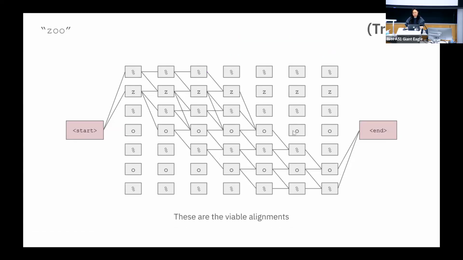Because remember, we have to deal with the repeating words. We have to add a blank into this 2O, so we have to first jump to this blank, and then get to this O. But this blank is already at the final time step, so we cannot get the 2O in time. So that's also not valid. So here are all the valid possible paths that we can get for this 2O.